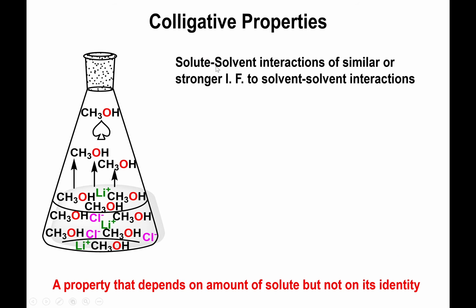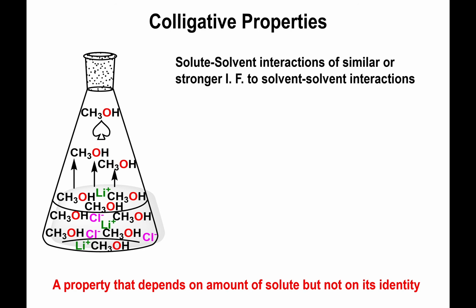So these solute-solvent interactions, which lead to similar or stronger intermolecular forces, ultimately make it harder for the solvent to break away into the gas phase, which means either of two things. First, the vapor pressure of that liquid is going to be lower, and two, because it's harder to turn the liquid into gas, the boiling point will also be higher.